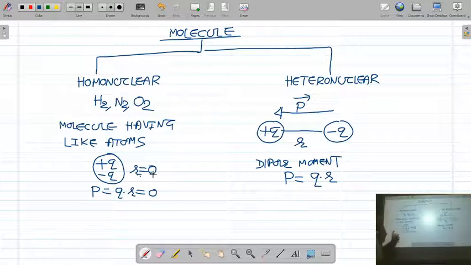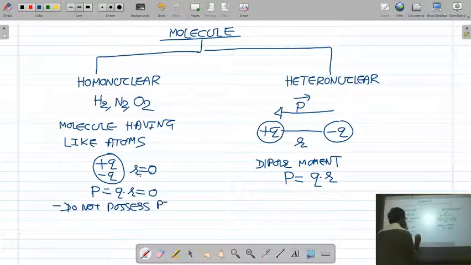As a result, the dipole moment q into r of the homonuclear molecule is zero. Means homonuclear molecule does not possess permanent dipole moment.